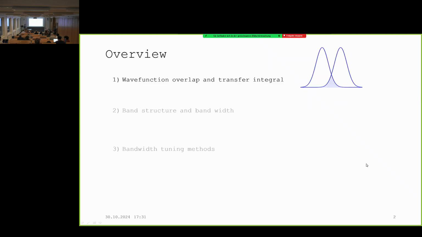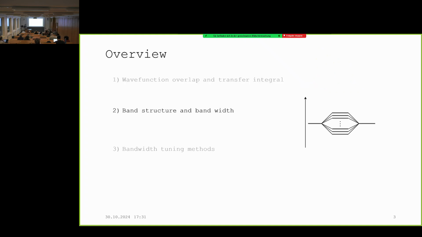Okay, so I'll start with the fundamentals of wave function overlap and use this to talk about transfer integrals and how transfer integrals can actually quantify how electrons move from one atom to the other in a conductor, for example. Then we'll transition into the energy levels of molecules and solids to talk about band structure theory and bandwidth.